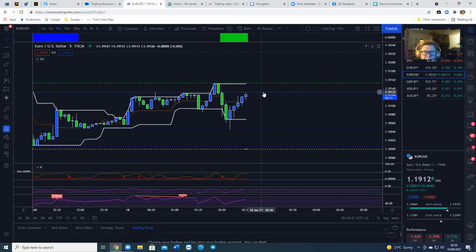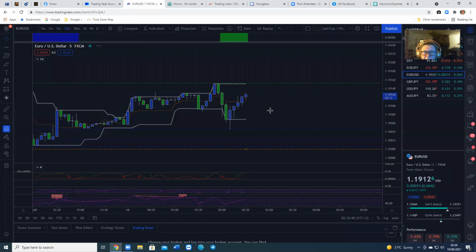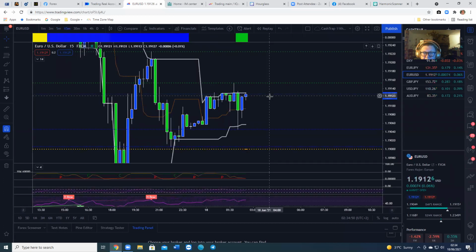126 on the 15 minutes, the previous one there. So it's broken that at 122. So it wants to go up on the 15 minute. The body open is where the previous 15-minute has closed.